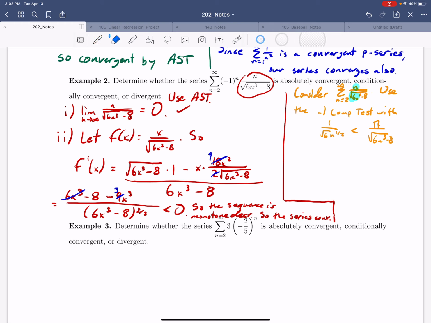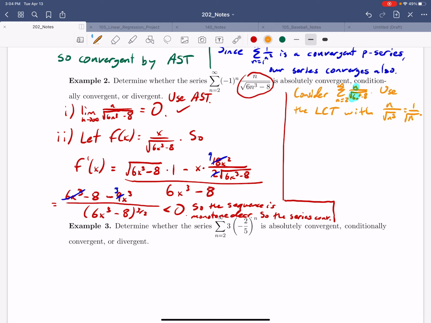Or you can just use the limit comparison test, and then you don't need to worry about little fine details like that. If you notice, n over the square root of n cubed really reduces to 1 over the square root of n, which is n to the 1/2, right? So let's just use that.